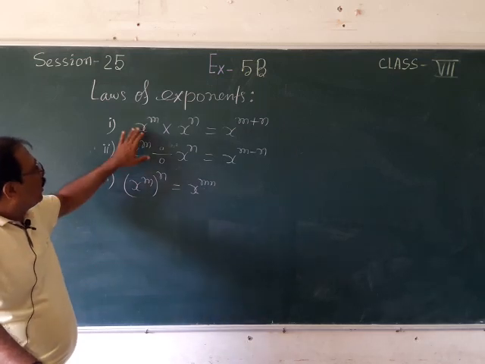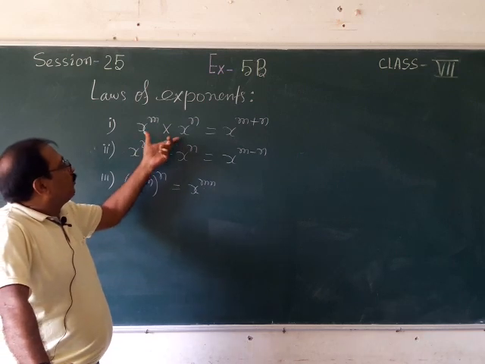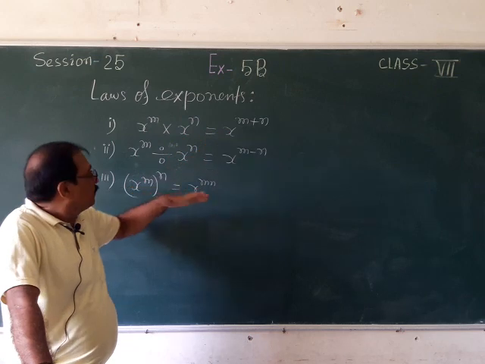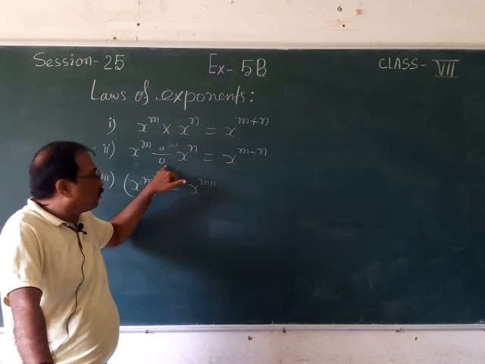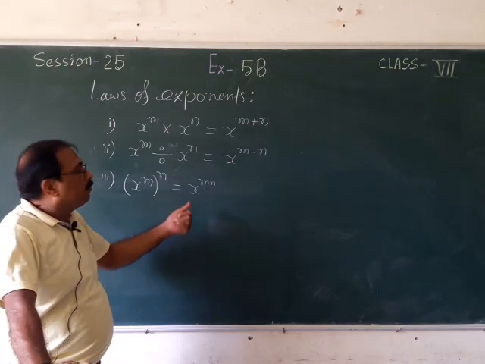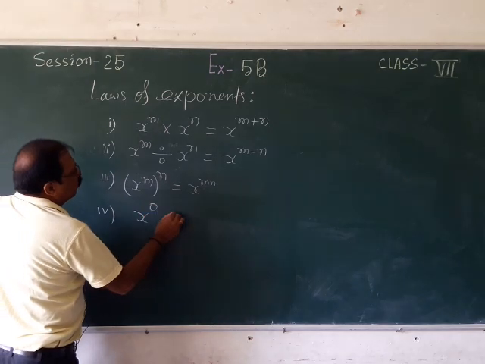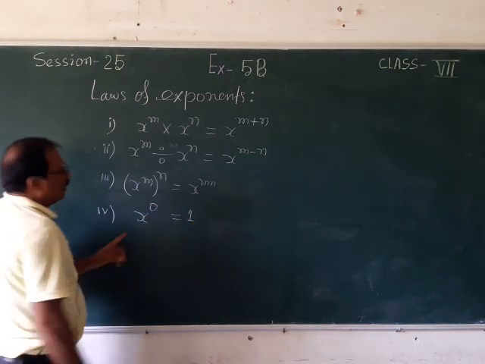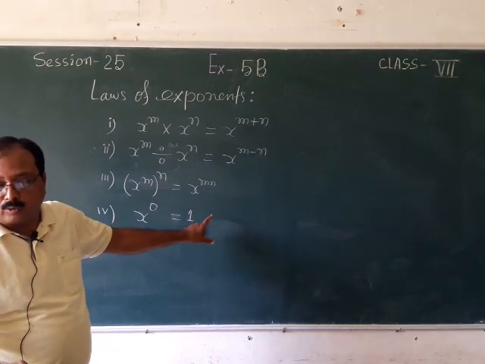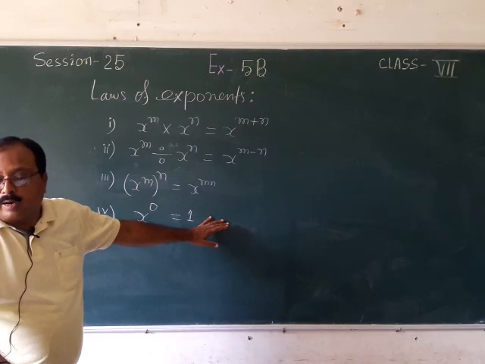So simply you have to understand that if the bases are the same, in case of multiplication powers are added. If the bases are the same, in case of division powers are subtracted, and power to the power is multiplied. Then another rule is that power 0 means value 1. Any number having power 0, its value is 1.